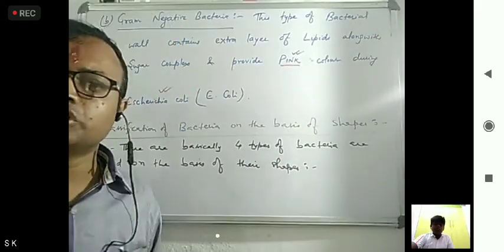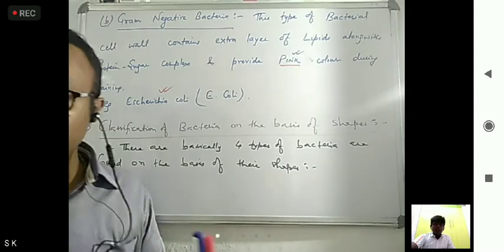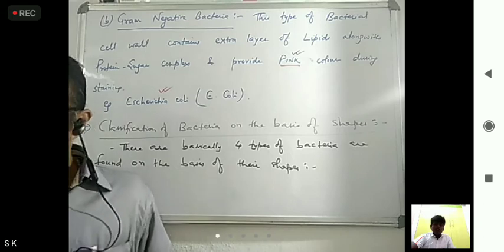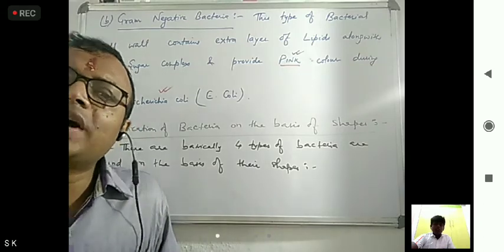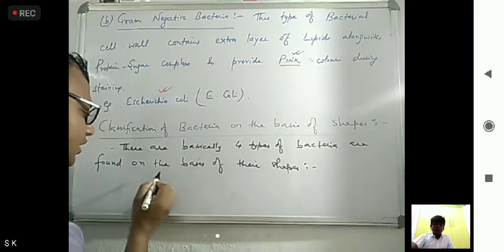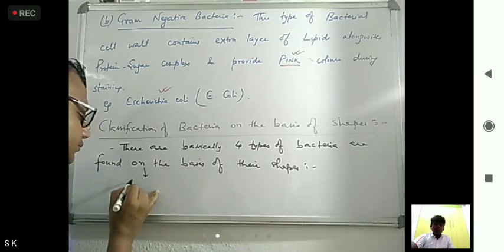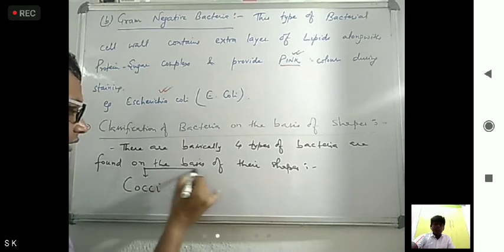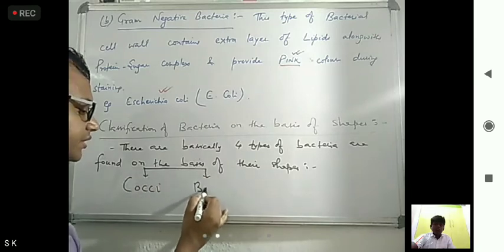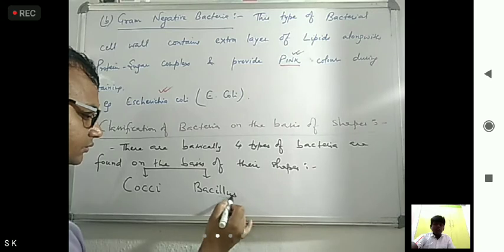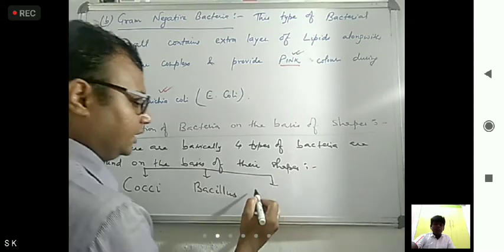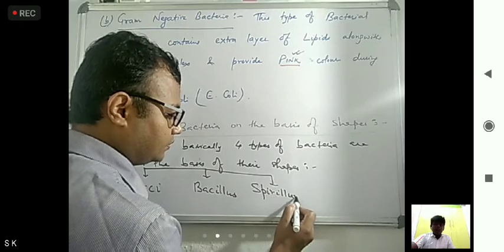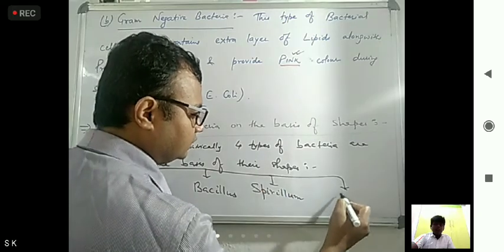Now, 4 types, what are those? So first is cocci. Next is bacillus. Next is spirillum, and next is vibrio.